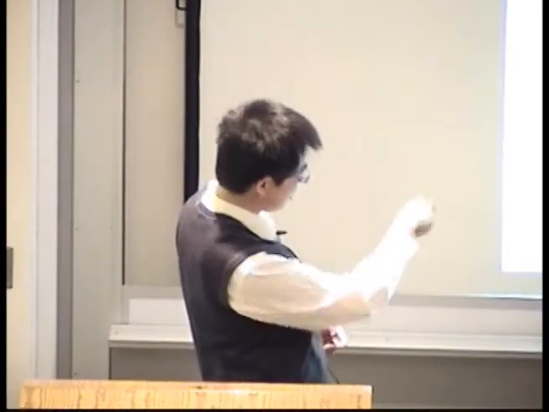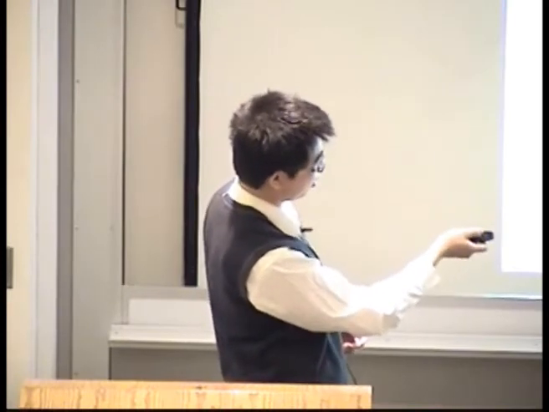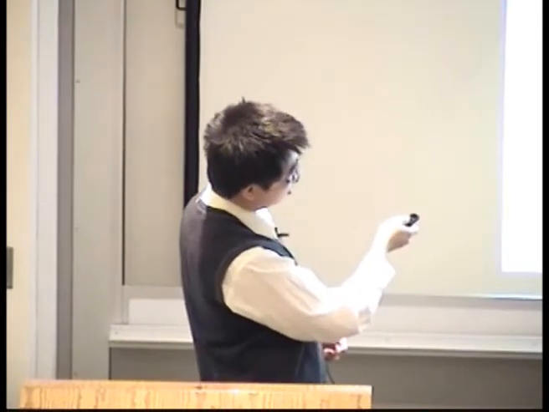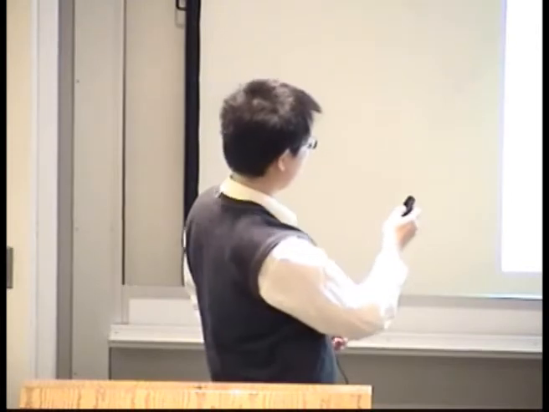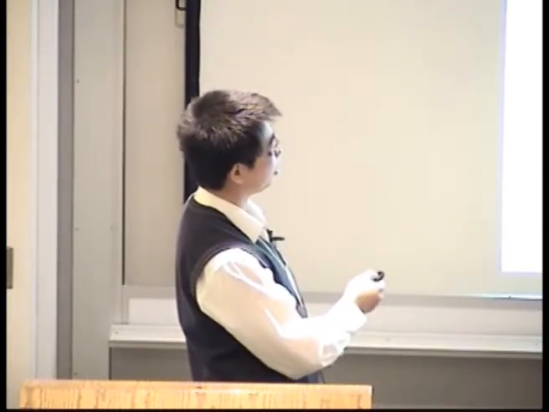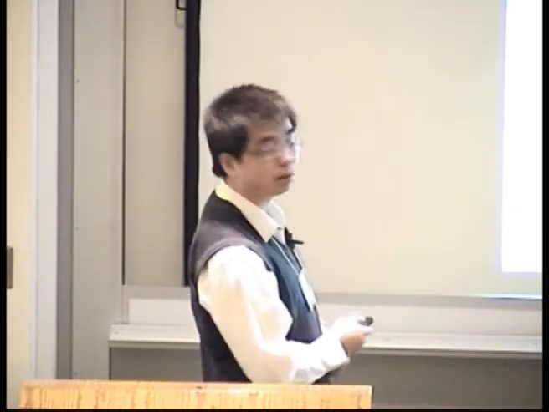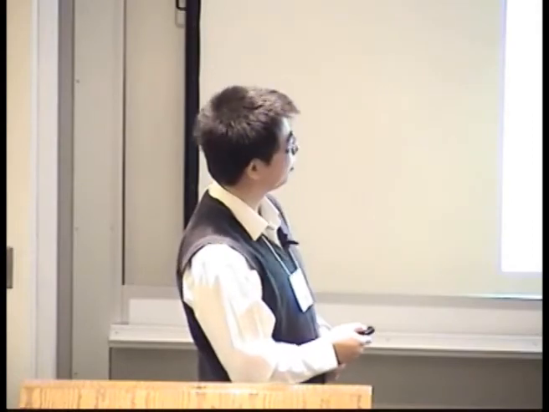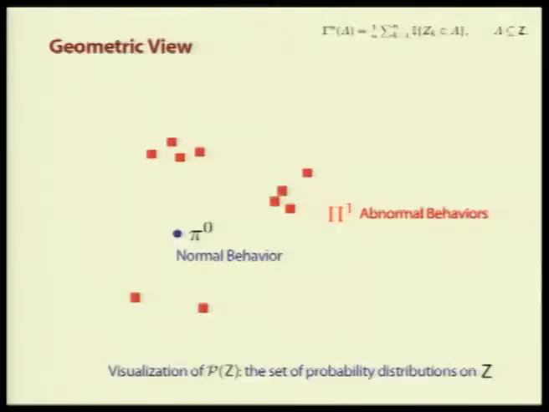Let's look at this problem from a geometric view. Let's look at this space, the probability simplex. Pi 0 is the normal behavior, which is a point here. And as I said, the abnormal behavior would be a lot of different cases here. If you want to design a test, the natural idea is just to draw something around this pi 0.